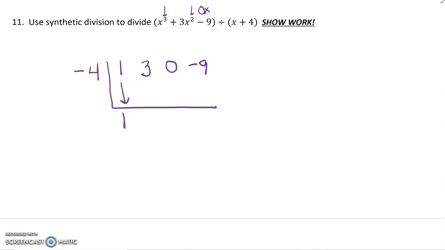Drop the 1 down. Negative 4 times 1 is negative 4, and then you add. Negative 4 times negative 1 is positive 4, and then you add. Negative 4 times 4 is negative 16, and then you add to get negative 25 as your remainder.